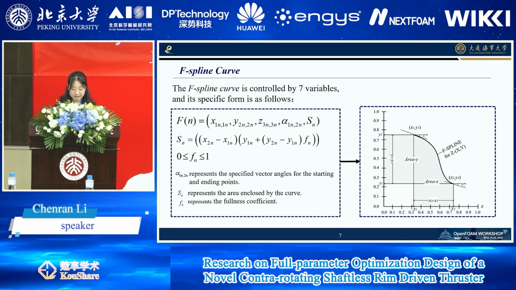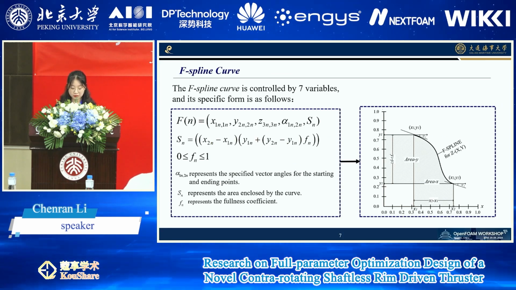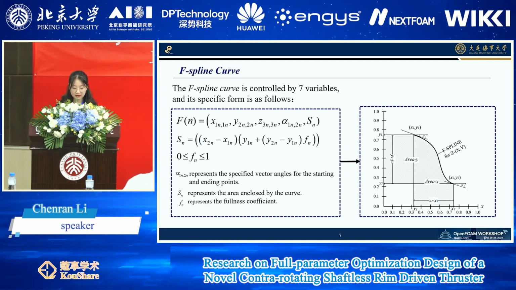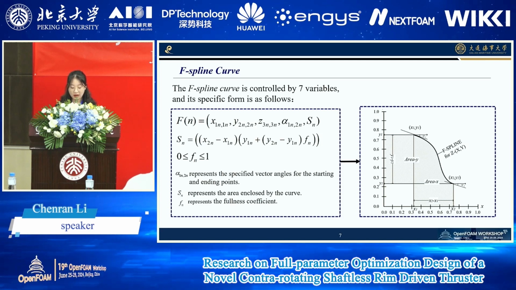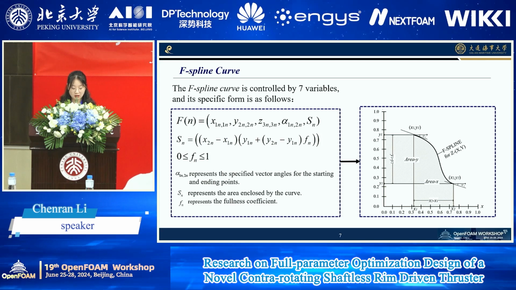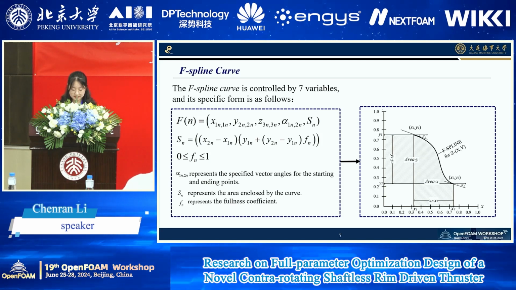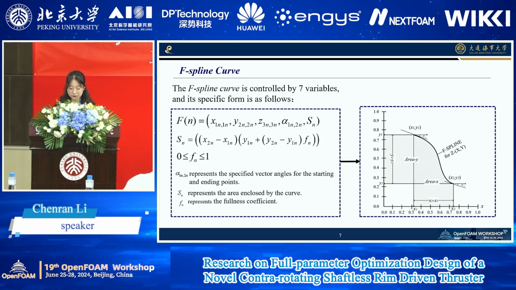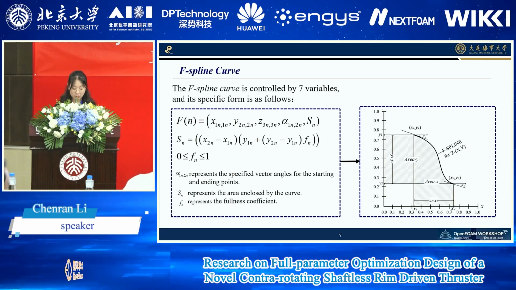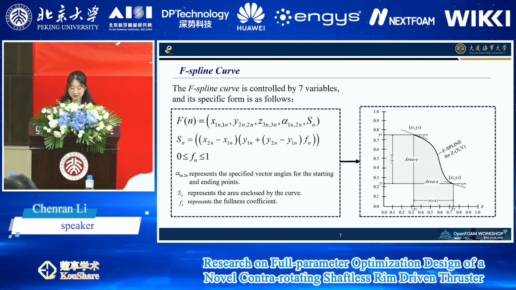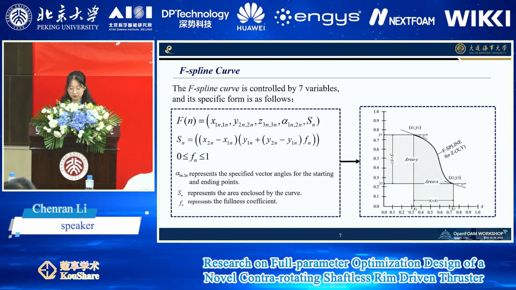To accurately fit the main parameters at different radial positions of the counter-rotating RDT into parametric curves using a minimal number of control variables, the paper employs the F-spline curve fitting method for the parametric modeling of the thrusters. The process begins by plotting parametric curves from discrete points at different radial positions. The points at both the beginning and the end of the radial positions are selected as the reference points for the fitting curve.